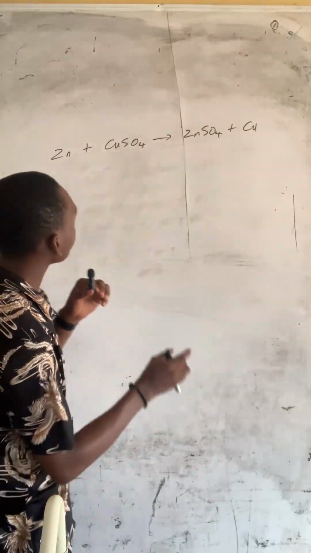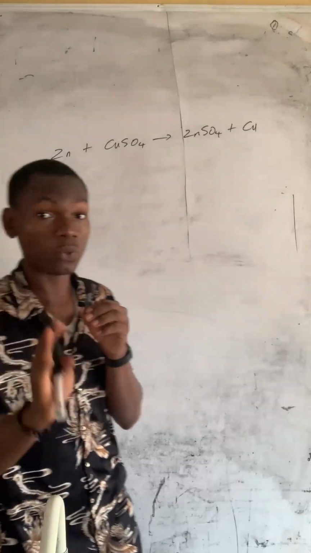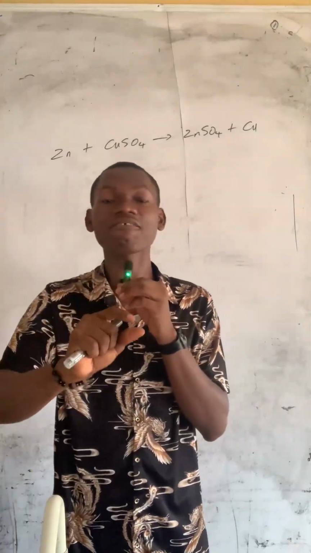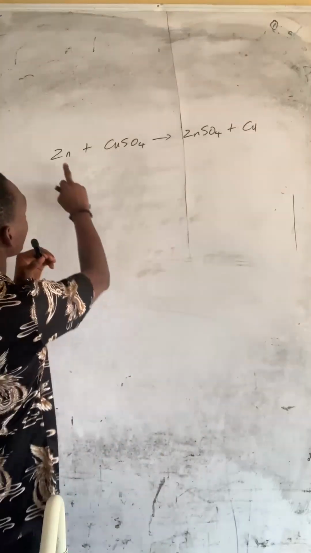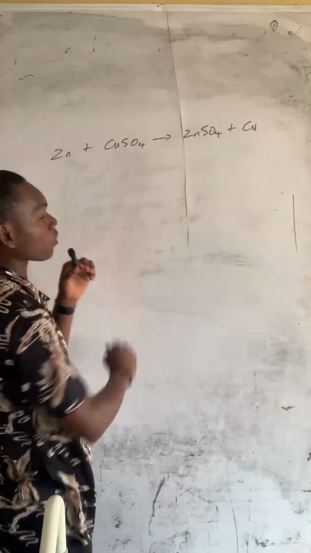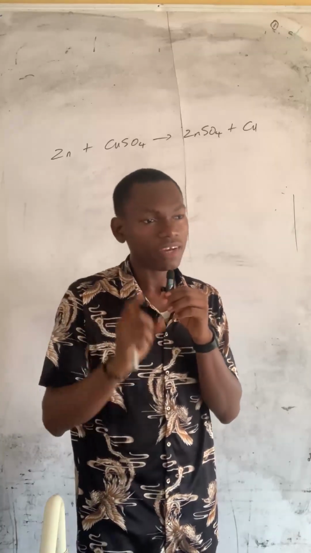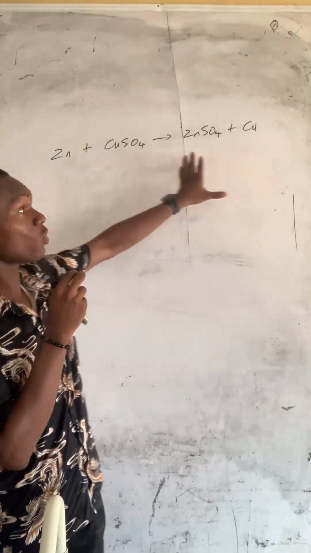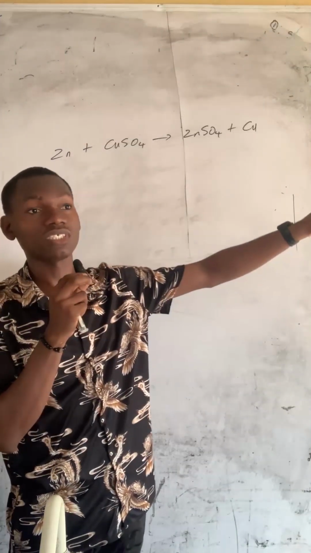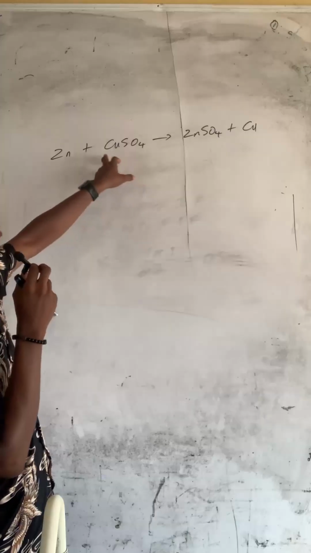Now, we are going to use just one of them for this particular equation. The question says we should write the half reduction equation of that reaction, so we have to know which metal, zinc or copper, is reducing or oxidizing. Firstly, we cannot use hydrogen and oxygen because we don't have any hydrogen here, and the oxygen is not directly bonded to the metal.